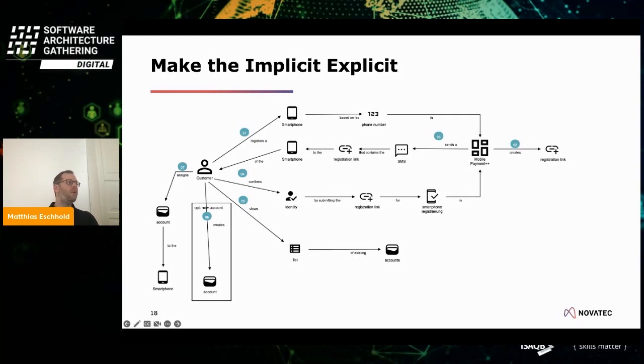The first step is the customer registers a smartphone based on his phone number in our mobile payment backend. The next step is then the mobile payment backend, which is an actor, creates a registration link. He sends this registration link via SMS to the customer. The customer confirms his identity by submitting the registration link, and the smartphone registration is successful.